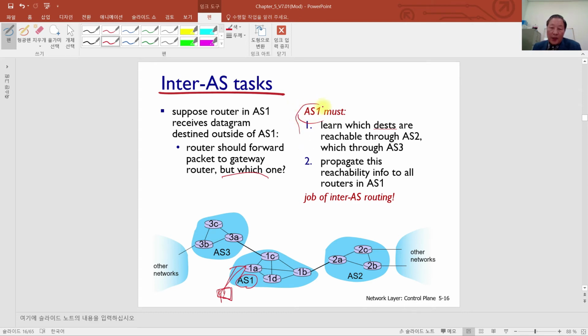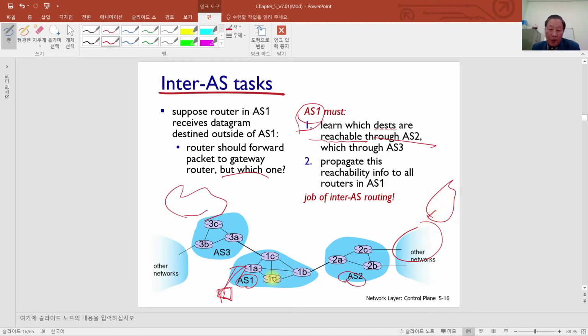AS1 must learn which destinations are reachable. It should have reachability information: through AS2, and still many other networks may be attached here and here, so through AS1 and AS3 we need to know which ones can be reachable, and also through AS2.